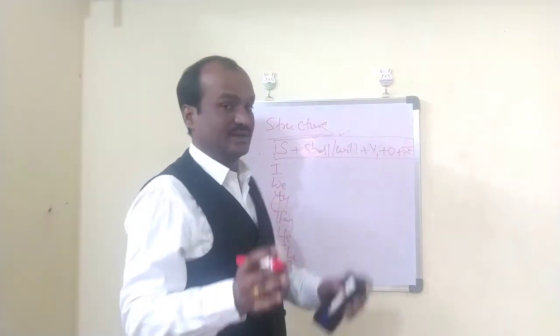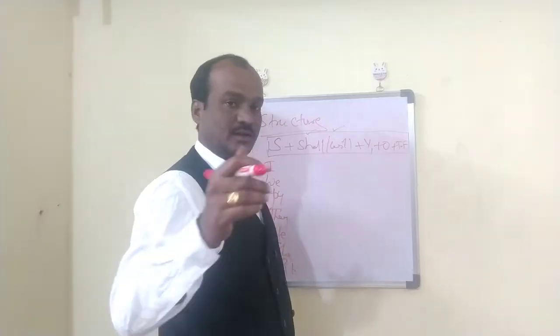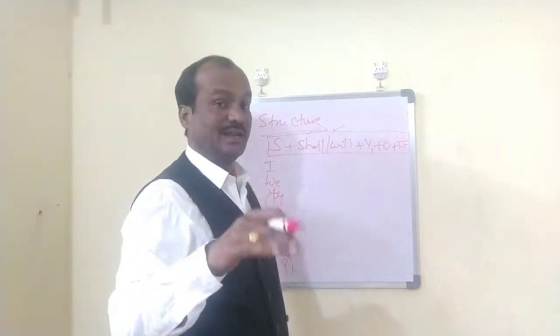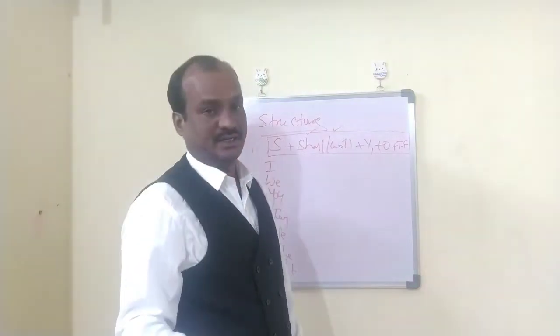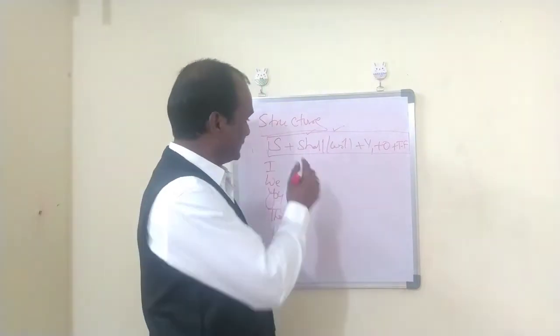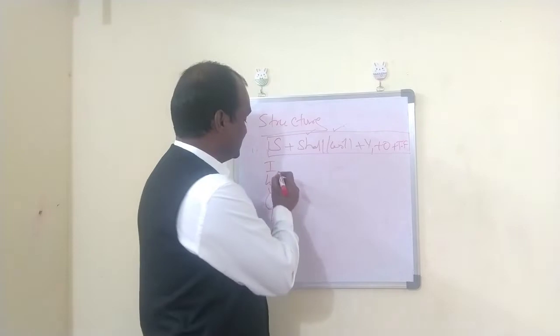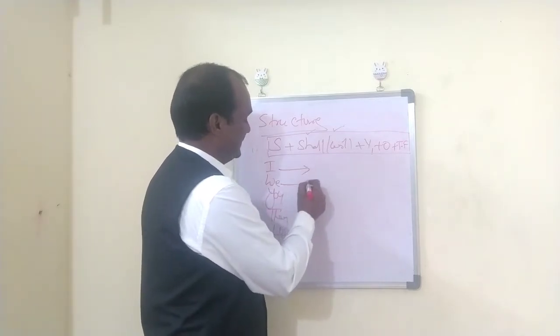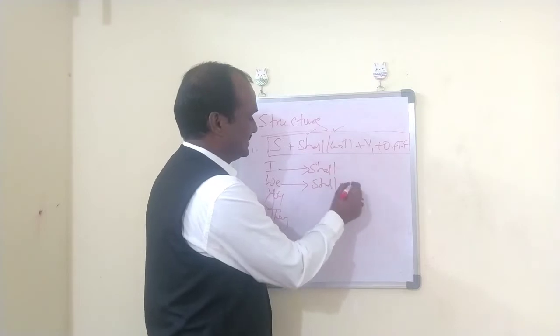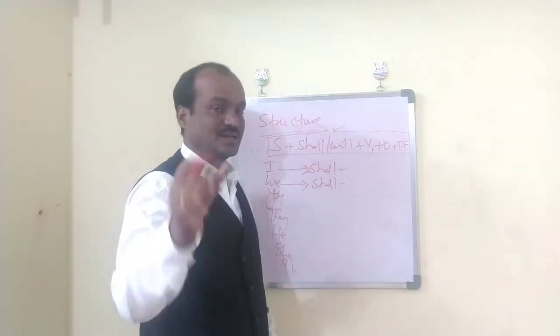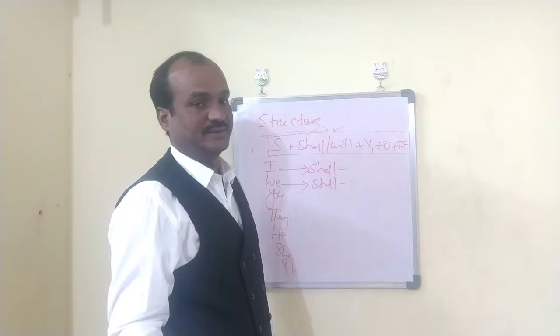So when to use them? In general sense, shall and will indicate futurity. Shall is used with first person singular and plural. In general sense, shall is used with first person singular and plural, and shall, will indicate futurity.